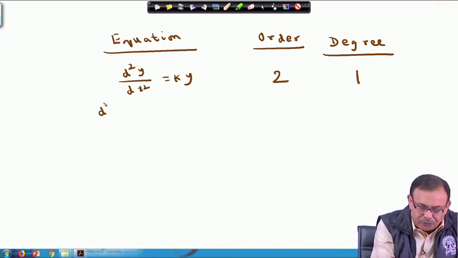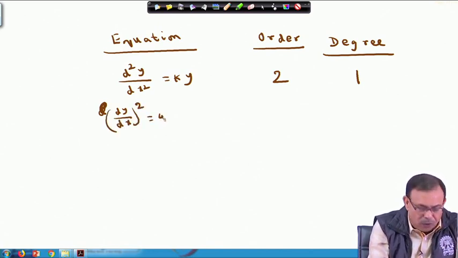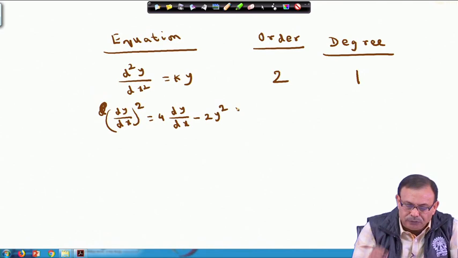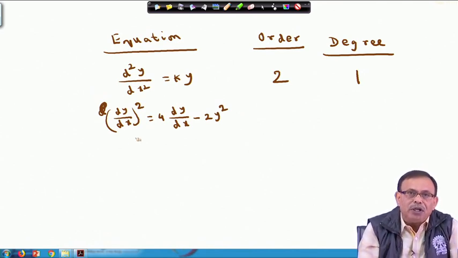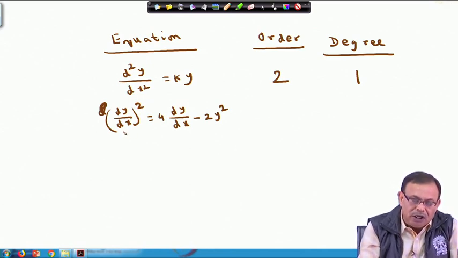Similarly, say we have an equation (dy/dx)² = 4 dy/dx − 2y². So, the equation is (dy/dx) whole square equals 4 into dy/dx minus 2y². What is the highest order derivative appearing?